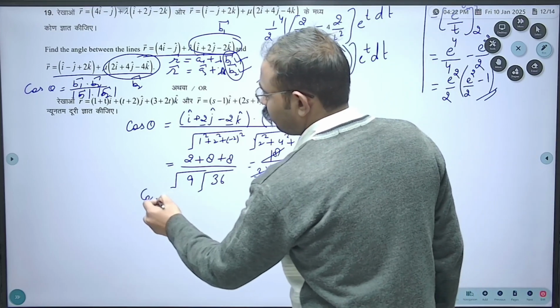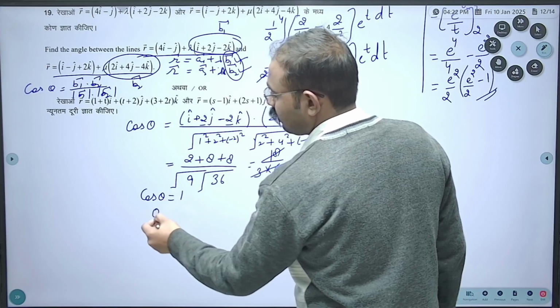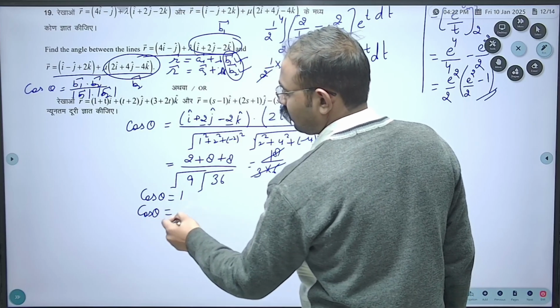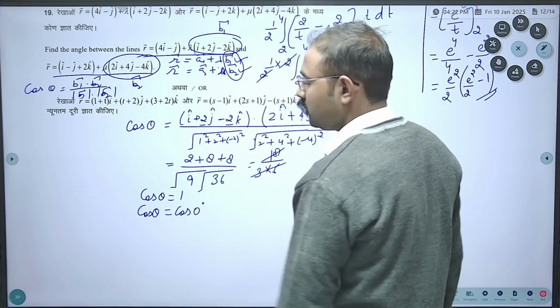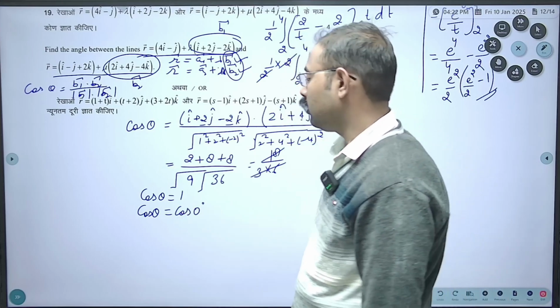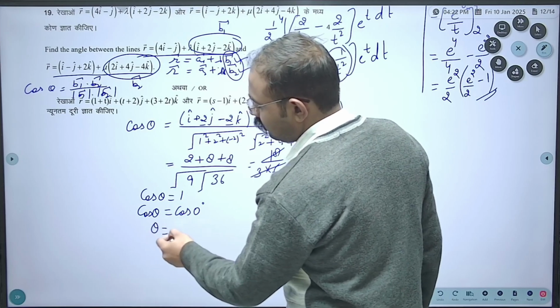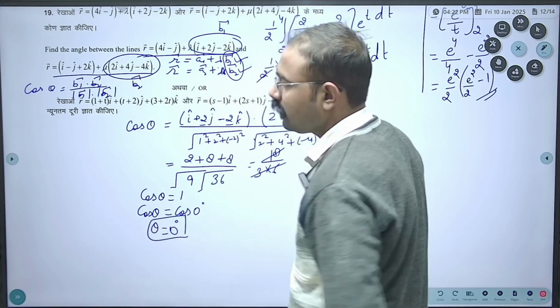Now cos theta is equal to 1, cos theta is equal to cos 0 degree. Cos theta at 0 degree has value 1, so theta will be 0 degree, which is our correct answer.